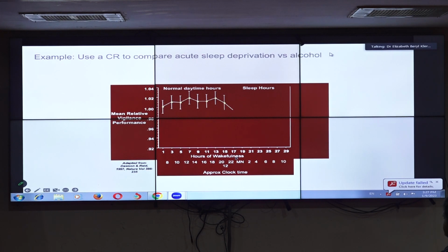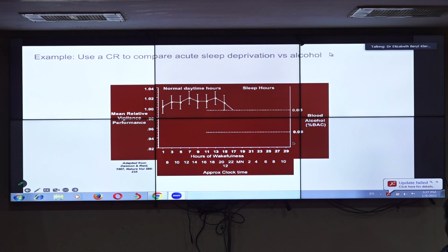So here's an example of someone using a constant routine to compare the effects of sleep deprivation and alcohol on performance. For this test, all somebody had to do was push a button whenever something changed on the computer screen. If one is the relative performance during the day, they do pretty well. These are the levels when people had a blood alcohol level of 0.05, or 0.08, which is illegal in the United States.